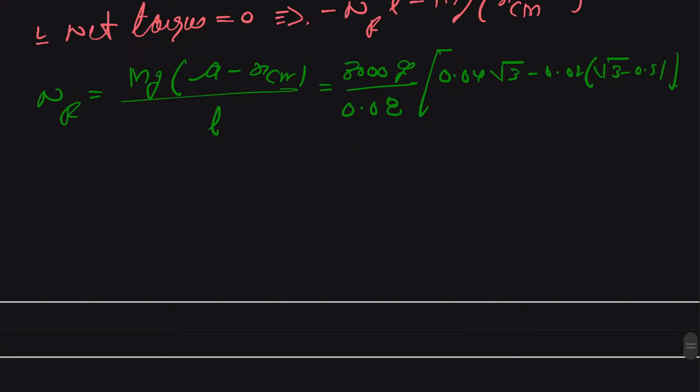This calculation gives us that the normal at the rear will be equal to 375 g times 2 root 3 plus 1.